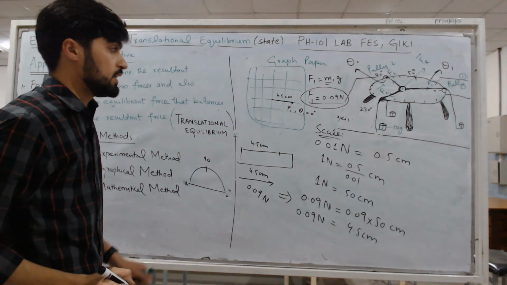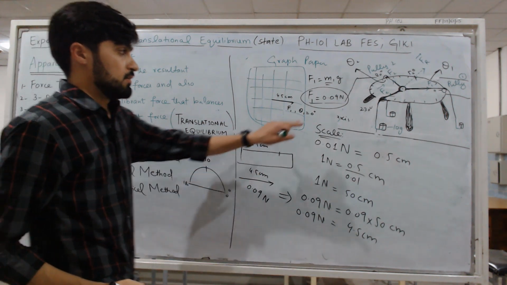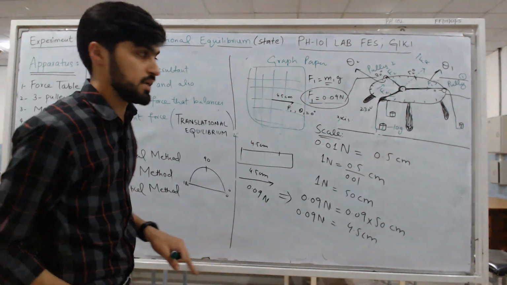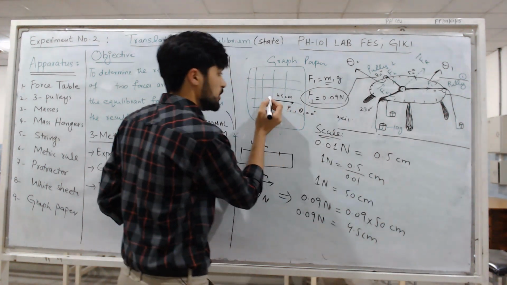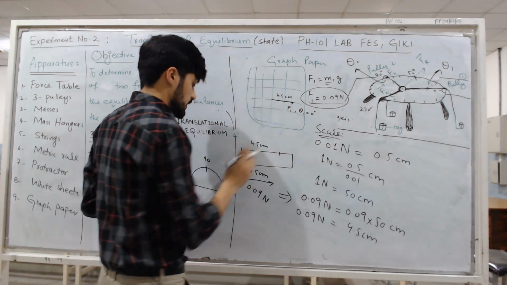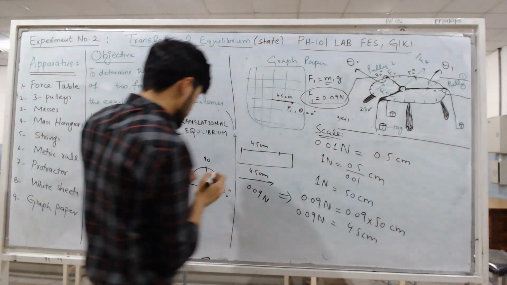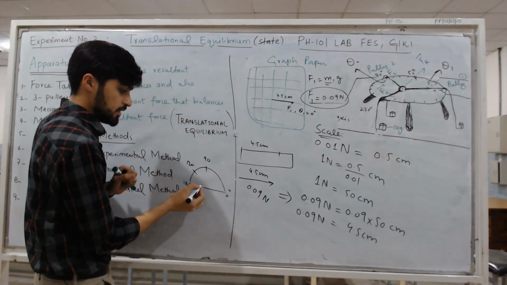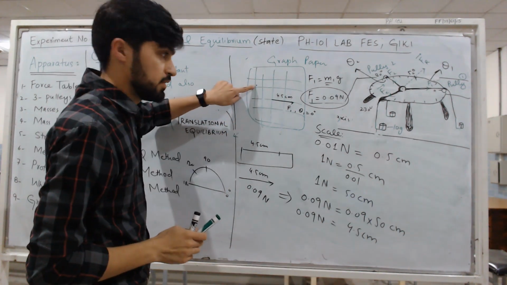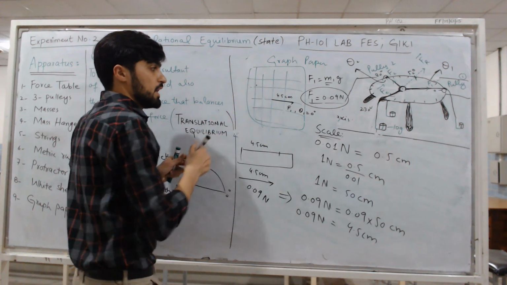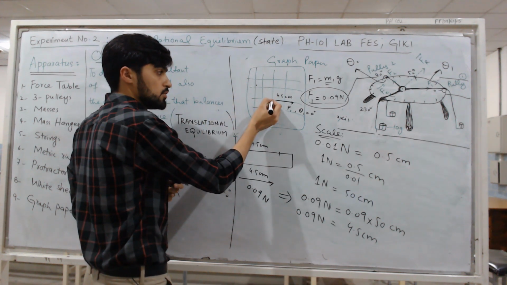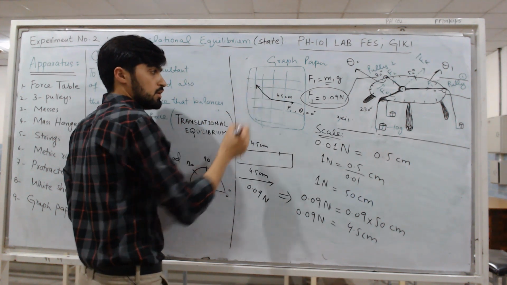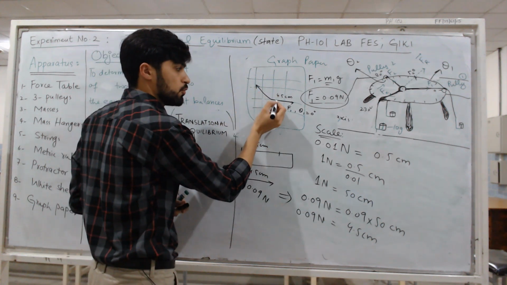Now let's say our second force is also 0.09 Newton, but the angle is 120 degree. So exactly, you will keep the protractor here, and then, let's say, 120 degrees here, then you will place a dot here in the direction of 120 degree, and then you will draw a vector of length exactly 4.5 centimeter.